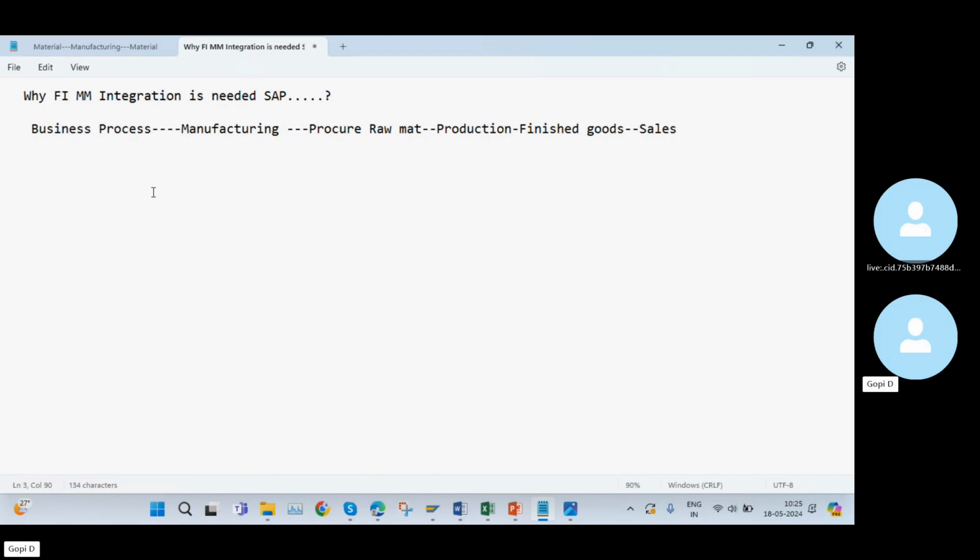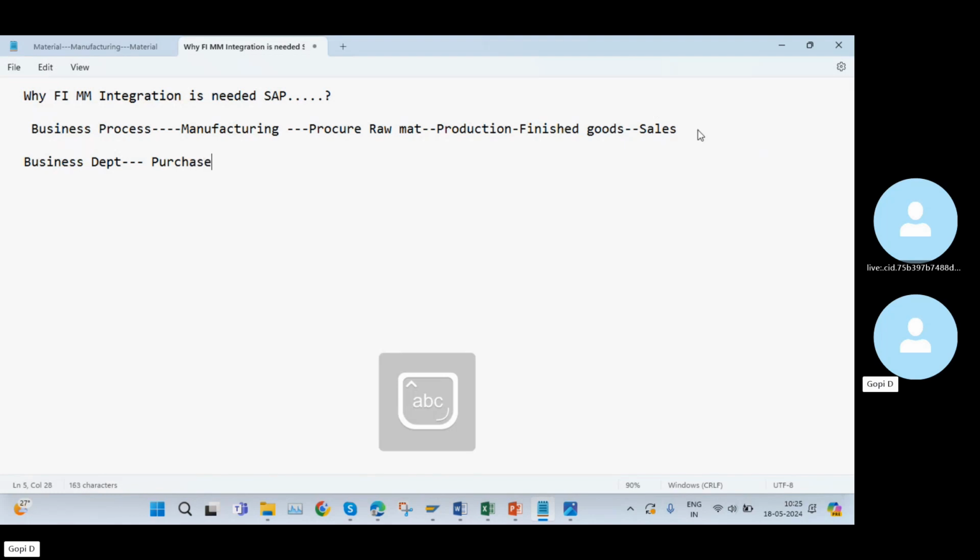Especially while we are going into the business process in manufacturing, the first point is, in business we usually have different departments, like the purchase department.